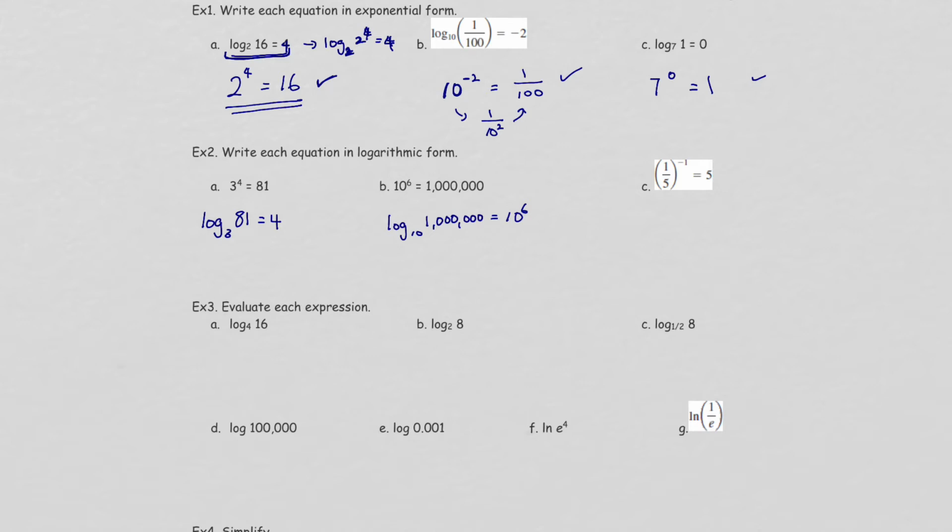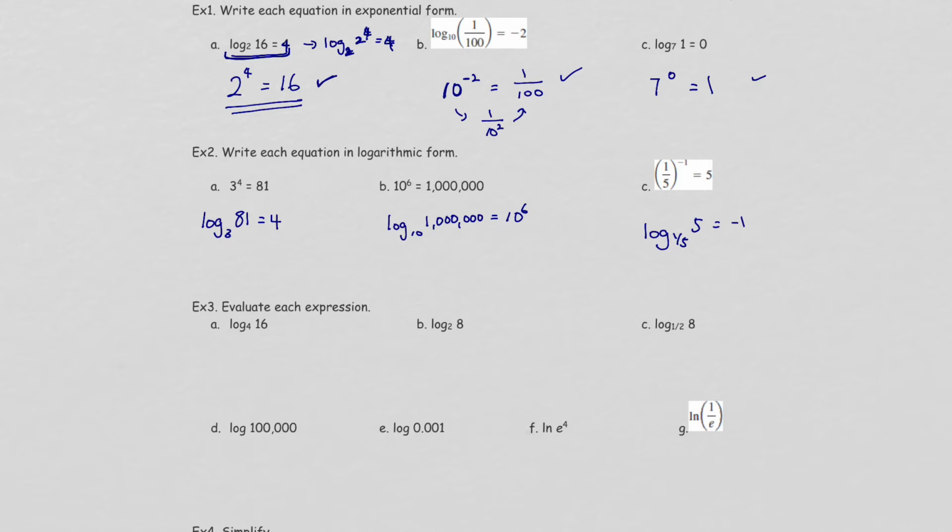This exponential to logarithm will be log base 1 over 5 of 5 equals negative 1. So this is how you're going to change this exponential into the logarithm. What exponent you need to have for 1 over 5 to become 5? That will be negative 1, right?